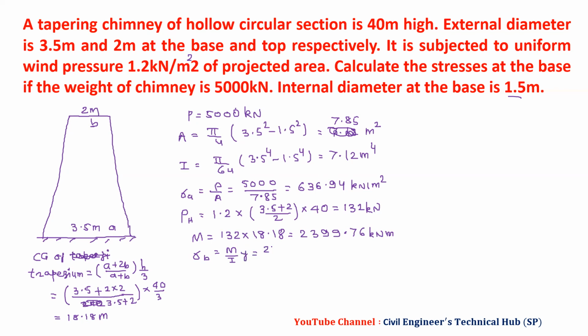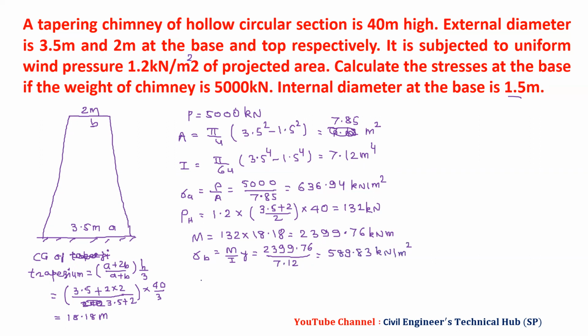Then we will get sigma B, M by I into Y. M is 2399.76, I is 7.12, and we have this value, 589.83 kilonewton per meter square.